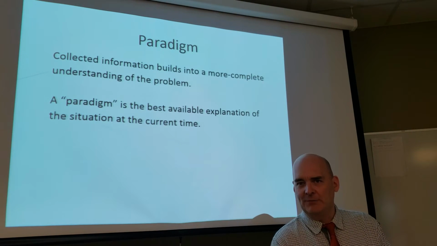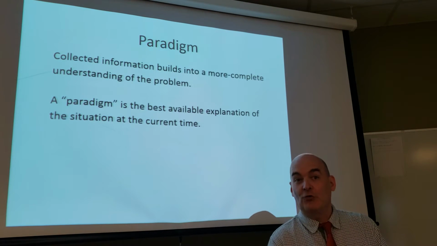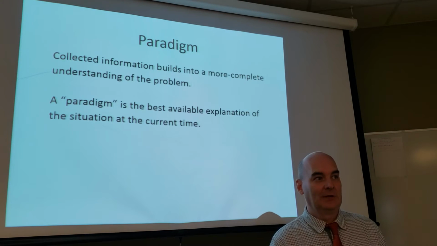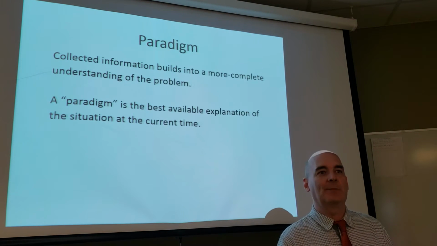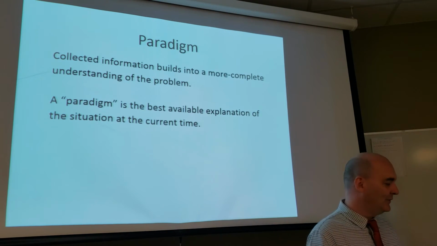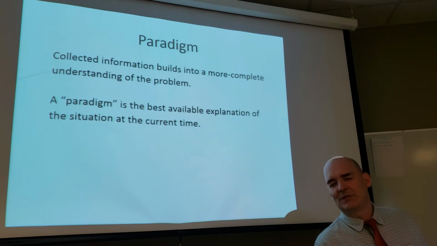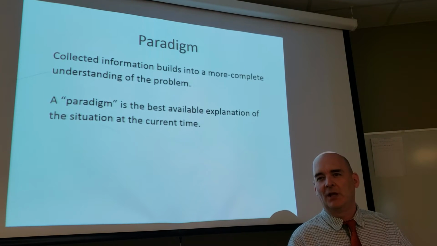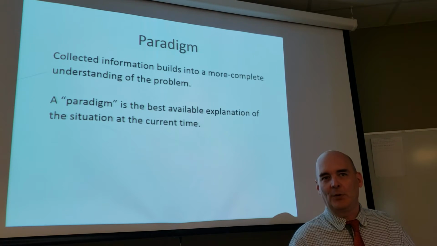And sometimes the paradigm shift is incredibly important, and it has not only scientific implications, it has political implications as well. And then sometimes the paradigm changes, and it's so completely unimportant that nobody bothers to adopt it.